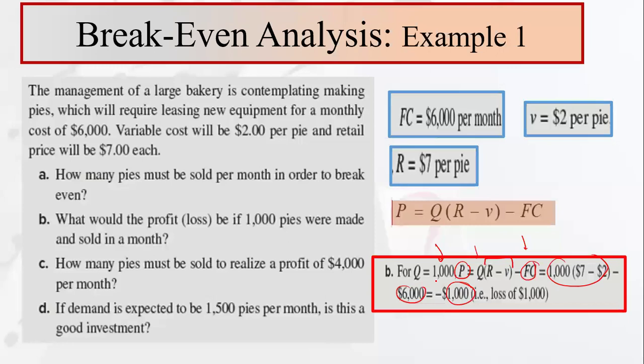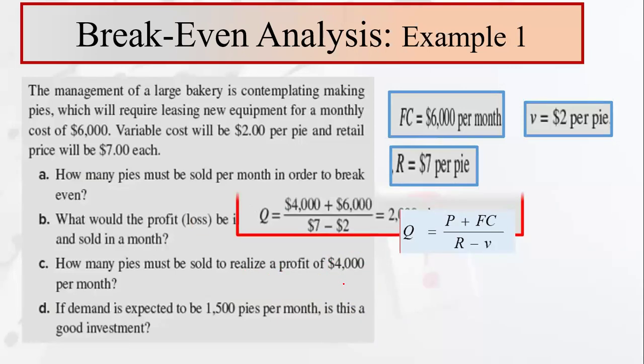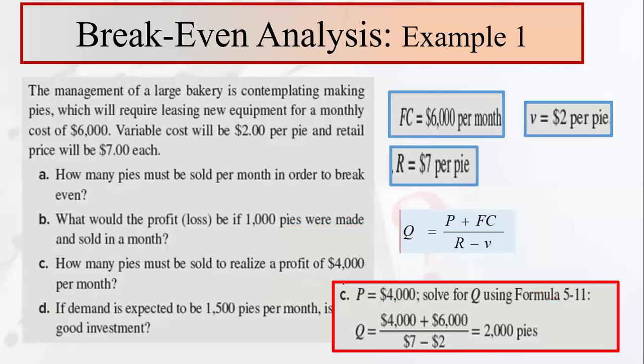So how many pies must be sold to realize a profit of 4,000? Remember you have the formula for this one: Q equals profit plus fixed cost divided by R minus V. So profit is 4,000, fixed cost is 6,000, which means 10,000, and 7 minus 2 equals 5. So that means 5,000 items you need to produce... Oh, 5,000?